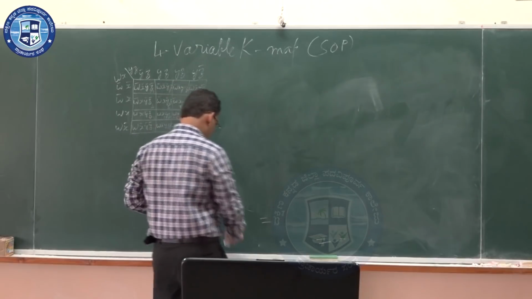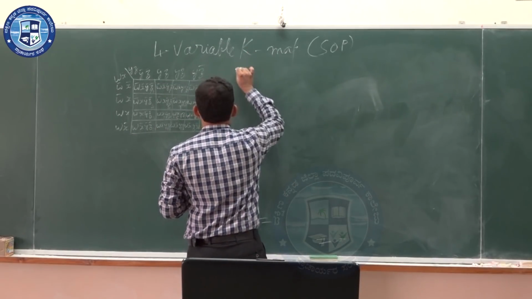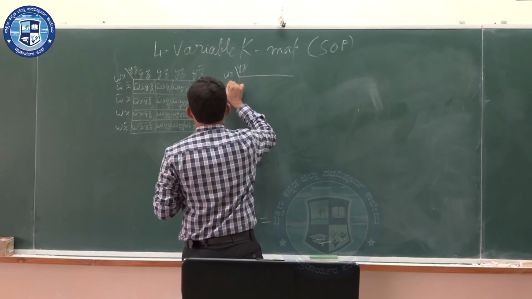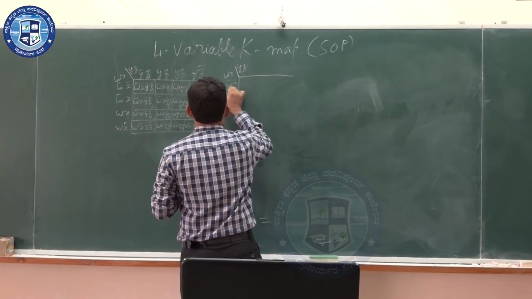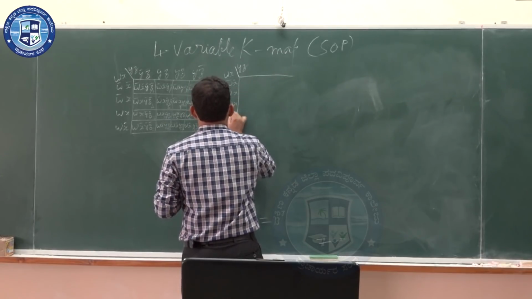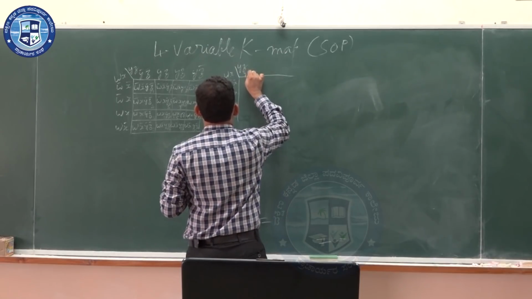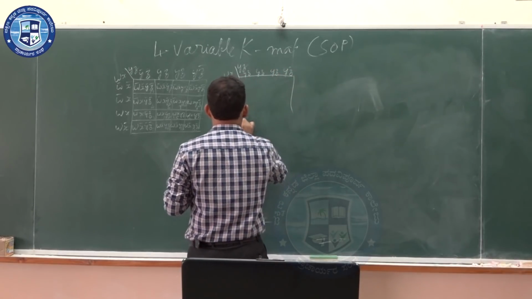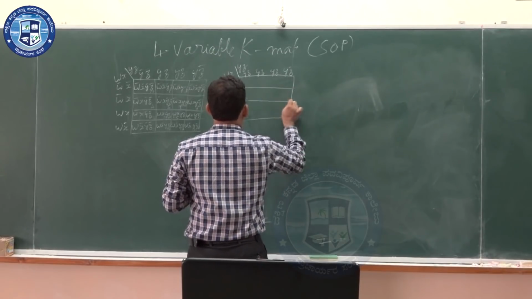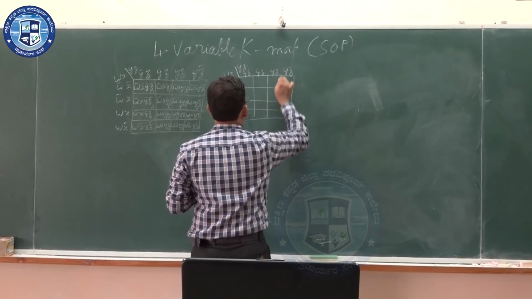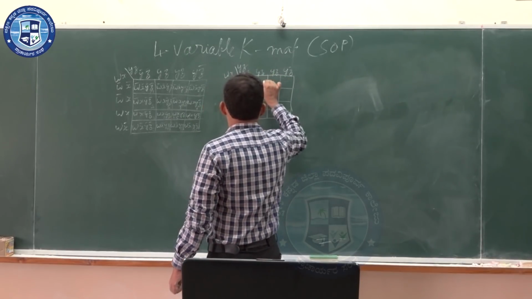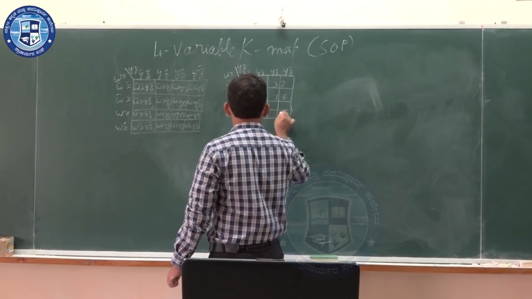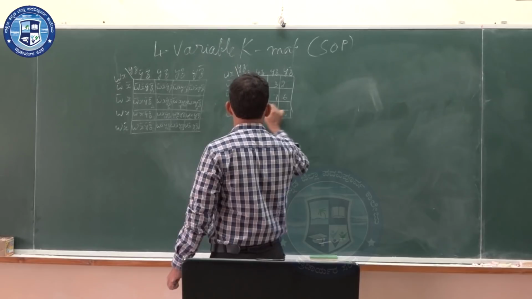To write it a little more elaborately with the numbers: W X, Y and Z, W bar X bar, W bar X, W X and W X bar, Y bar Z bar, Y bar Z, Y Z and Y Z bar, with numbers 0 to 15.